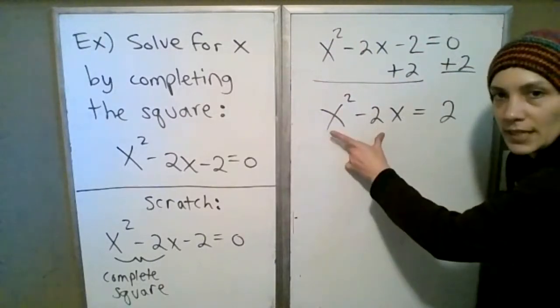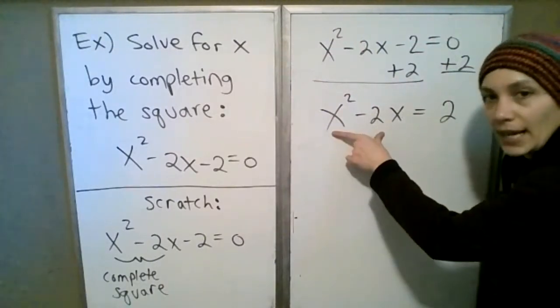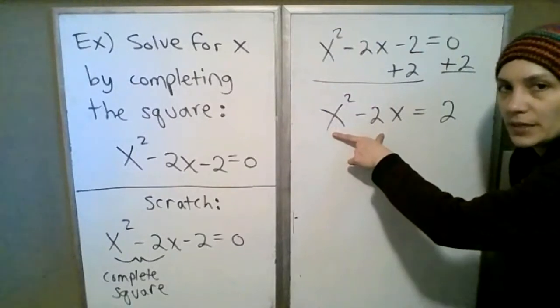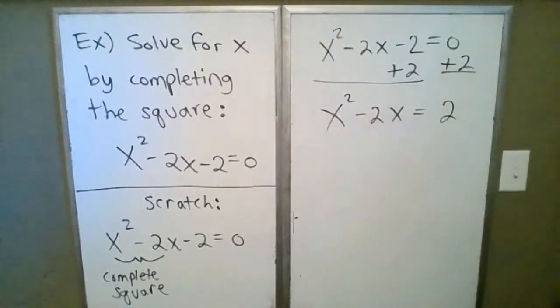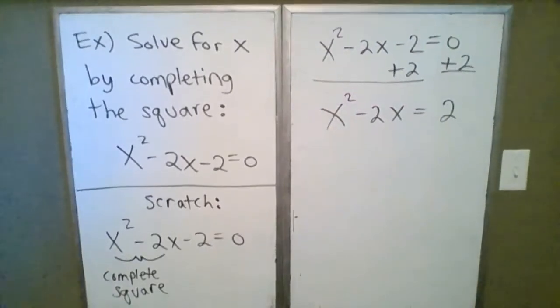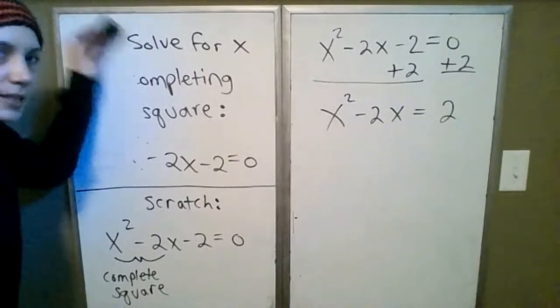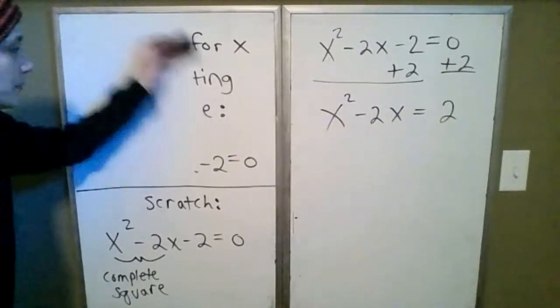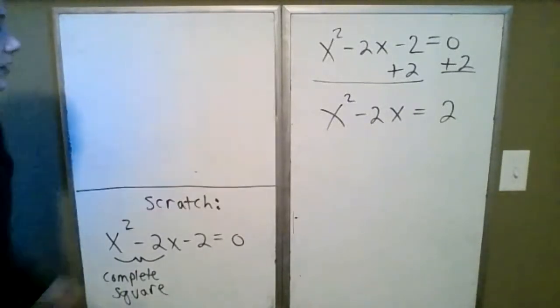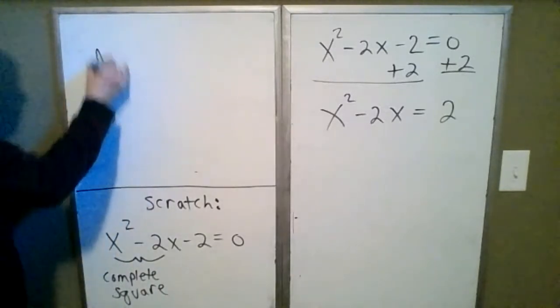Then we take these parts and add that number, which is b divided by 2 squared. So maybe on another part of your paper or on separate scratch paper, you find that value.